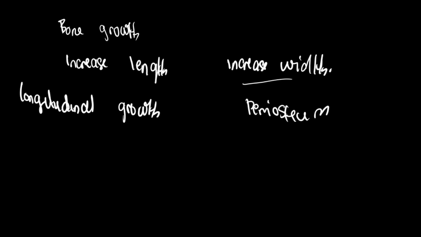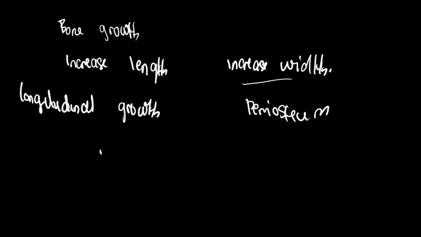And this makes sense because the periosteum surrounds the surface of the bone. So an increase in the width would of course be linked to the periosteum. And looking at the longitudinal growth, it's associated with the epiphyseal plate or the epiphyseal cartilage. Okay, now we'll be looking at the zones of growth for the epiphyseal cartilage.